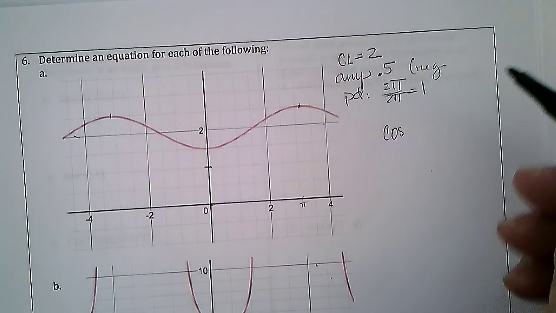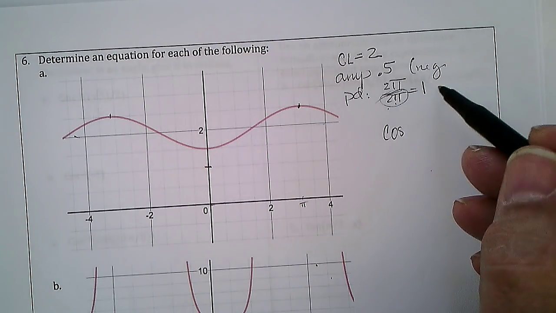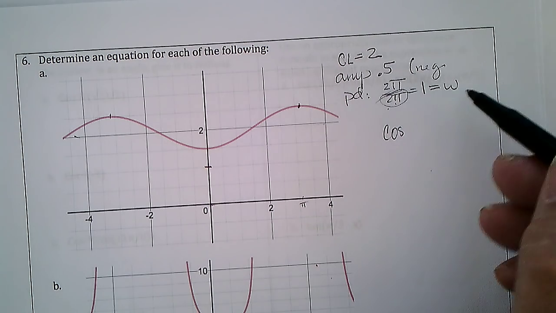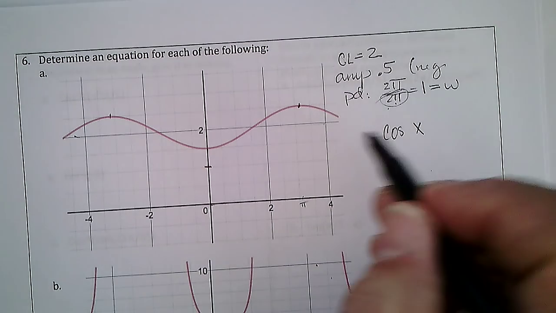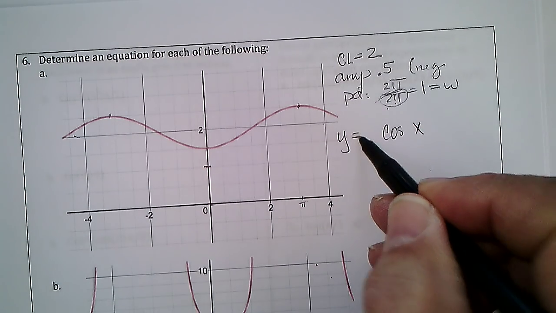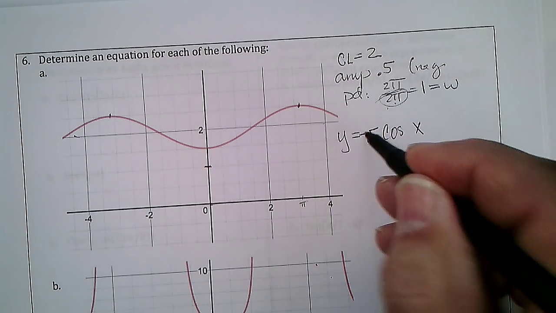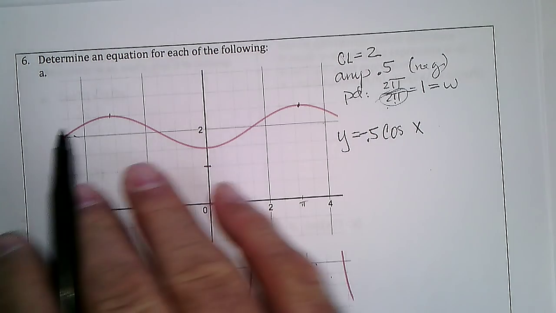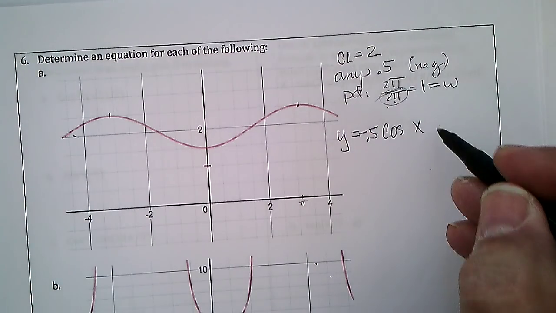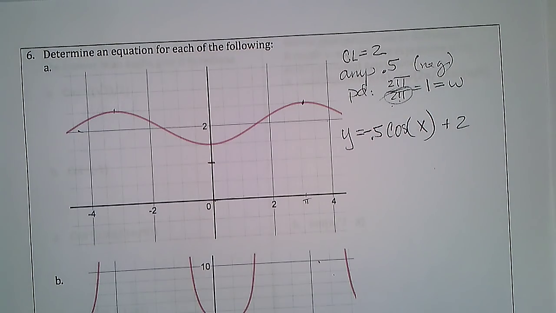So since the period is 2 pi, the omega is 1. So it got 1x, not shifted sideways. So we got y equals -0.5, negative because it's flipped over, cosine x, with no vertical shift, no horizontal shift and no period shift. That one was pretty straightforward.